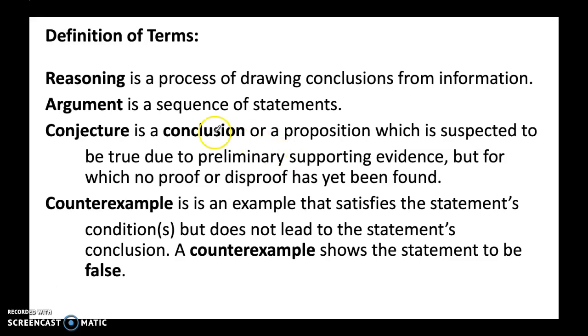Reasoning is the process of drawing conclusions from the information. An argument is a sequence of statements. A conjecture is a conclusion or a proposition which is suspected to be true due to preliminary supporting evidence, but for which no proof or disproof has yet been found.